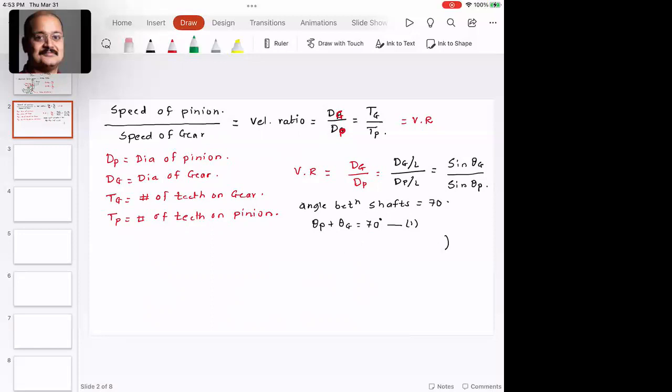So if I give you the velocity ratio, it is equal to sine theta g divided by sine theta p. So this is the second equation. So now you have two equations and you have two unknowns. So you can find out the values of theta p and theta g. Now the next part is important proportions. So what are the important proportions?